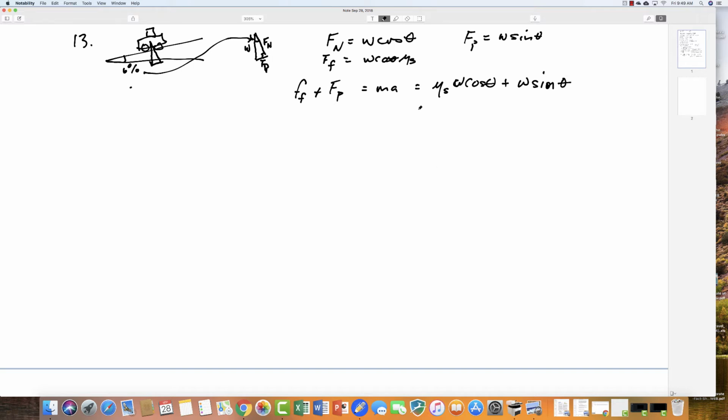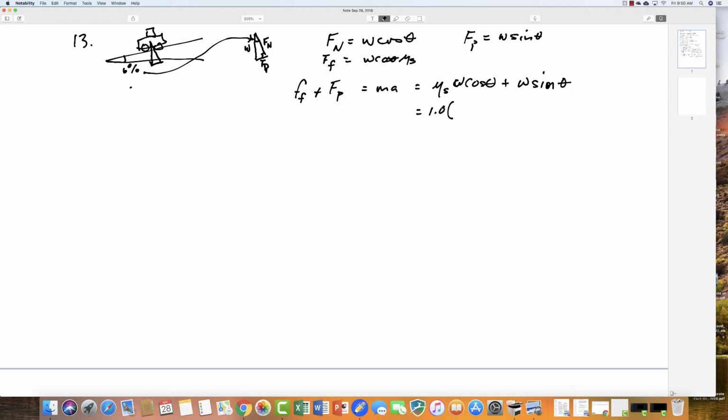Now if we put all kinds of numbers in here, first of all it talks about three different situations, one of which is the coefficient of static friction is 1 times the weight.